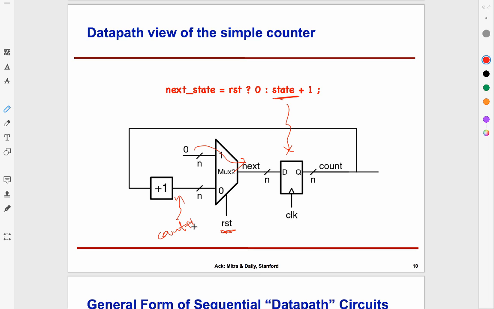One thing you would notice is that there are two types of variables that we are seeing in this expression. There is count, which is like data, it is n bits, and there is reset, which is a single bit signal. So the state variable out here is kind of like data, and this reset is kind of like control. It's a single bit signal, it is affecting how we are operating on it. So usually you will have a mix of these two kinds of variables.